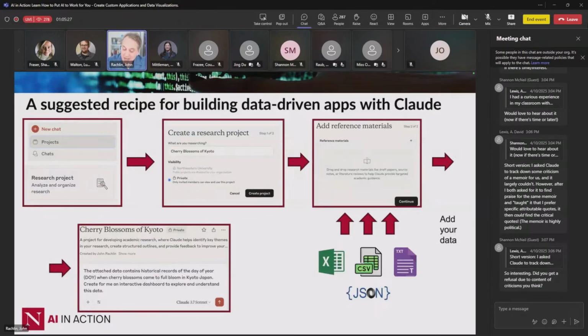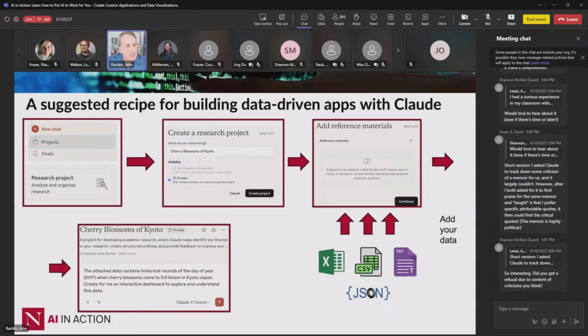And similarly, although we're not explicitly coding when we work with Claude, nevertheless, I think it can be helpful to be guided by certain workflows, certain recipes that I have found in my own experiments seem to work quite well. And the way that I recommend for all of you to approach the problem of building interactive dashboards and data-driven systems with Claude is to maybe start by creating a project.